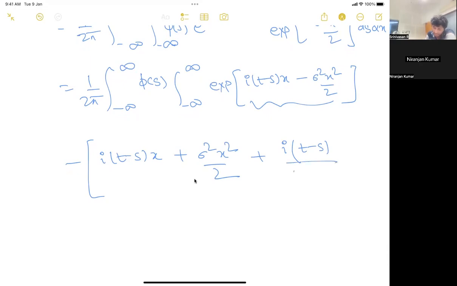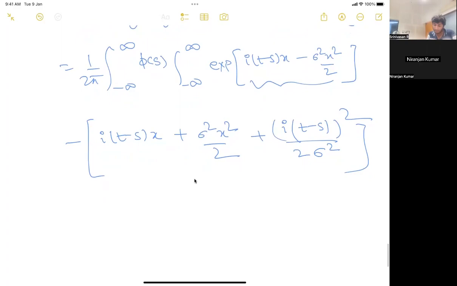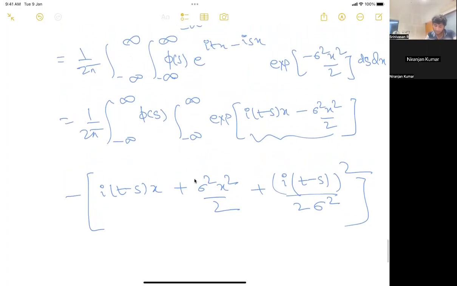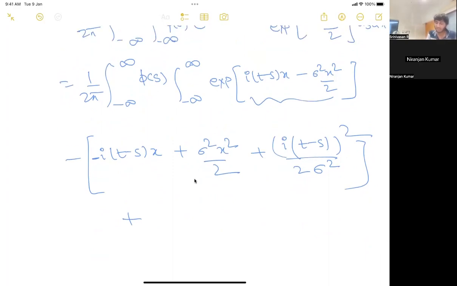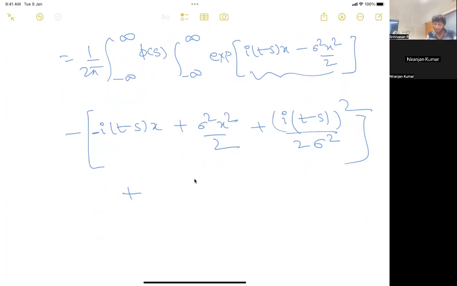Completing the square, we get that the quantity in the exponential is actually equal to, because we have two minus signs, minus of (t minus s) squared by 2 sigma squared.